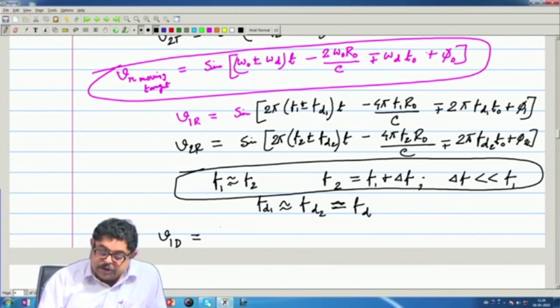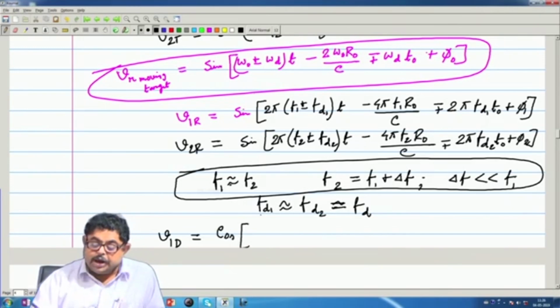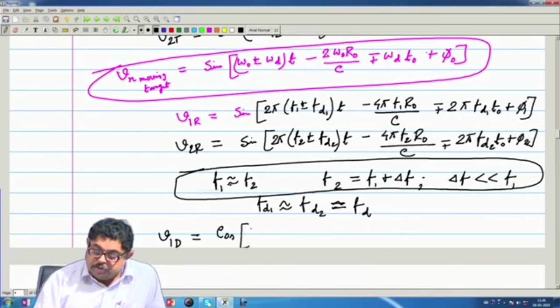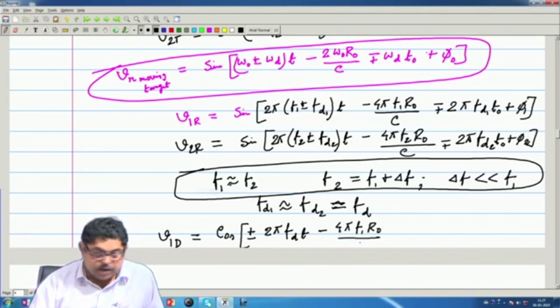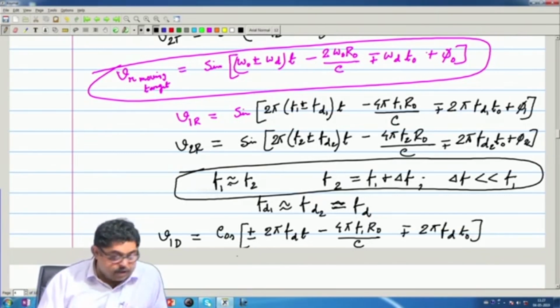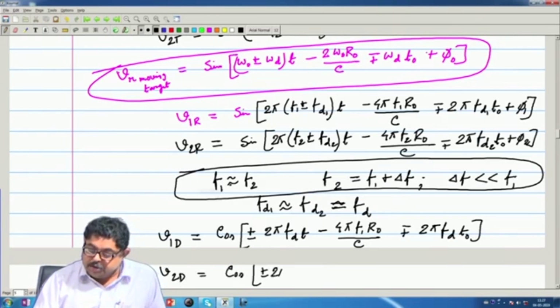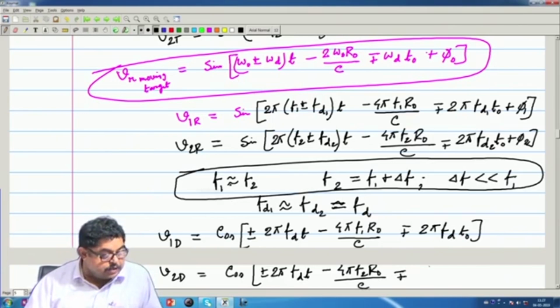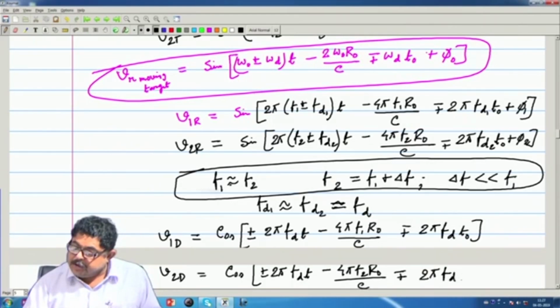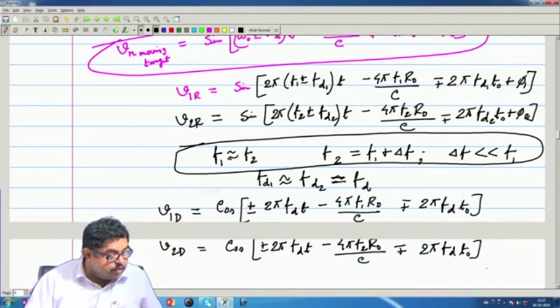So, V1D, that voltage signal, will be, if you do sin minus sin, cos(±2πFdt − 4πF1R0/c ∓ 2πFdt0), and V2D is cos(±2πFdt − 4πF2R0/c ∓ 2πFdt0).